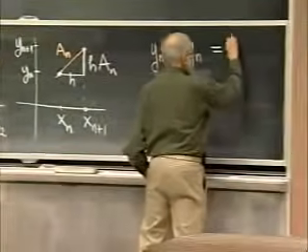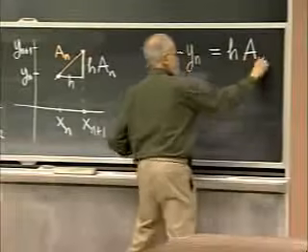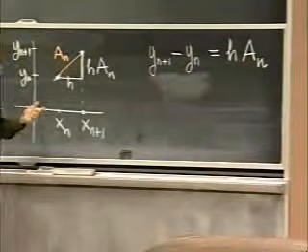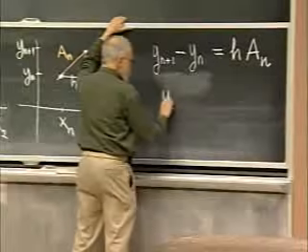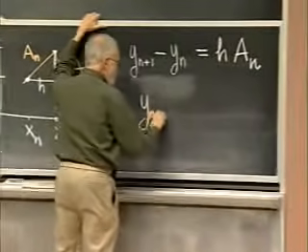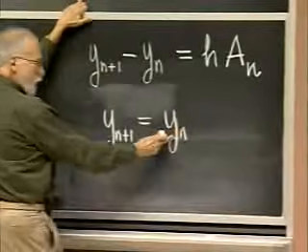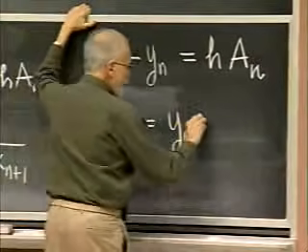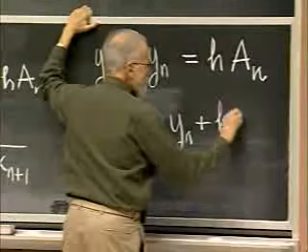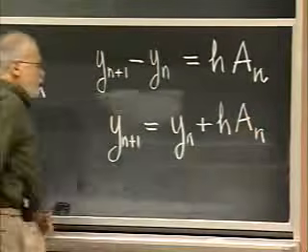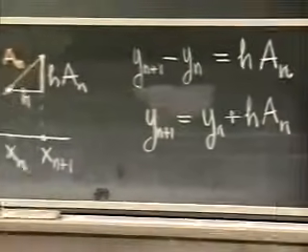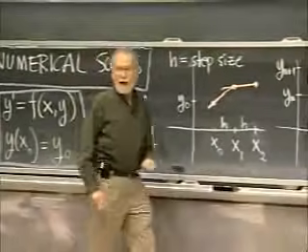So that's the way to write it. Or, since the computer is interested in calculating yn plus 1 itself, put this on the other side: you take the old yn, the previous one, and to it you add h times an. And what, pray tell, is an?